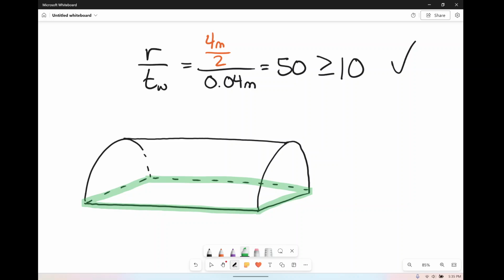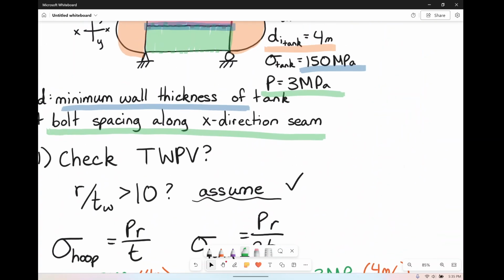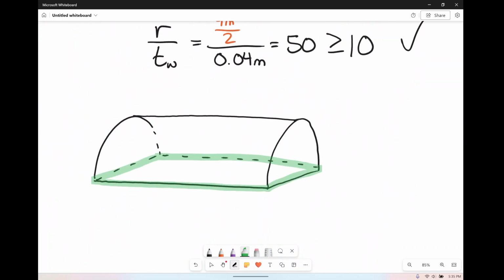So again, we have a pressure, right? This pressure that we had, this 3 megapascals of pressure, that's existing all inside of this tank. So technically on the surface, we're going to have our pressure of 3 megapascals around the whole entire thing, and also in the middle on the bottom, right?